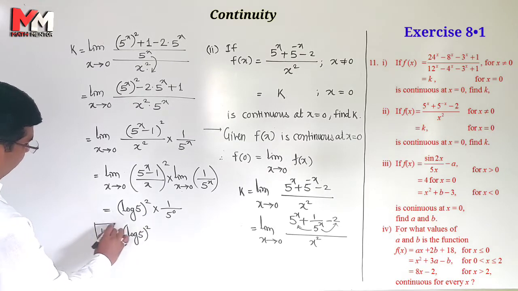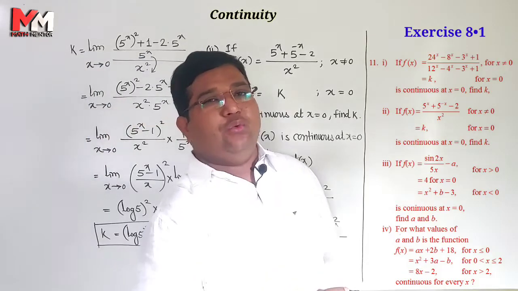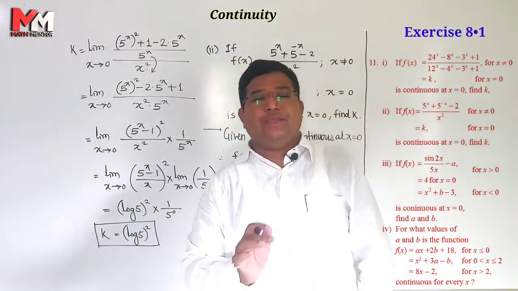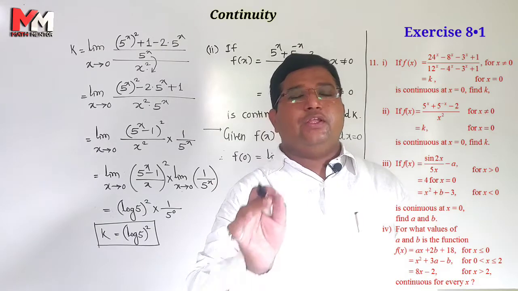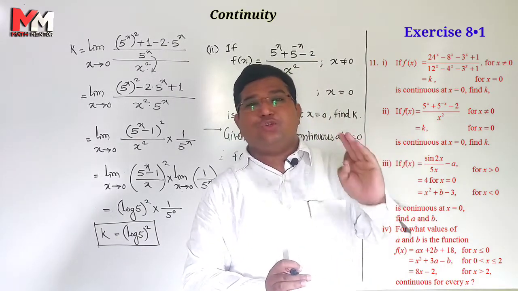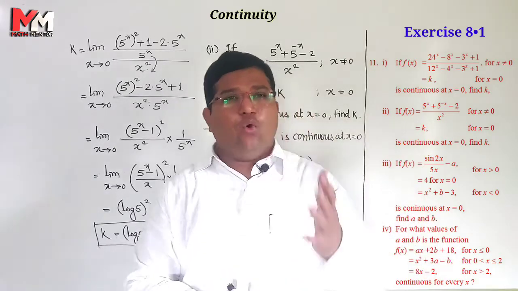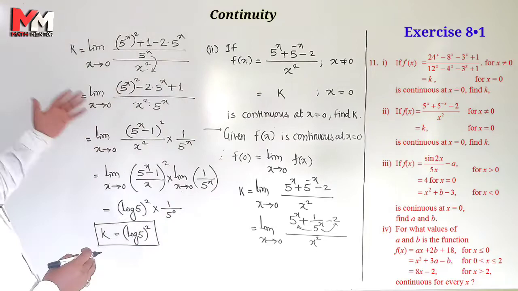So this is the limit of the function, which is k. So value is equal to limit, so k is equal to log 5 whole square. That is our answer. So the answer of the second example of question number 11 is log 5 whole square. Okay, I hope you understand the complete solution.